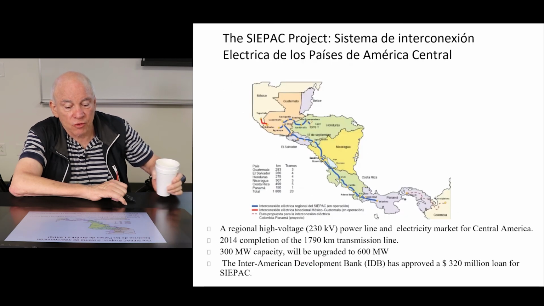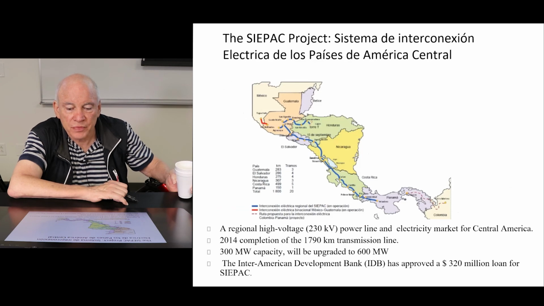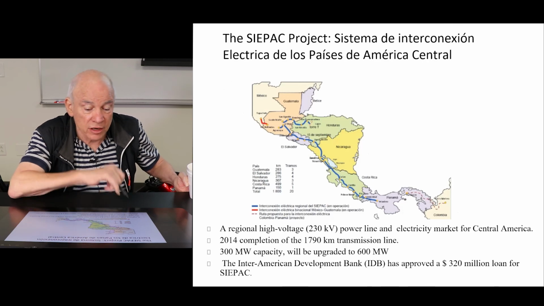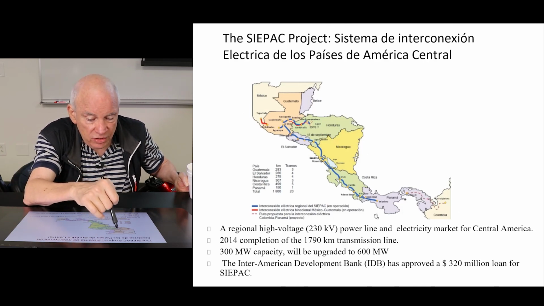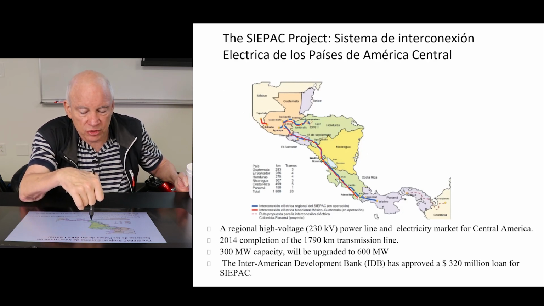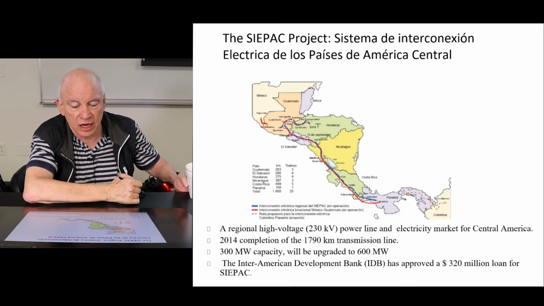All right, so one of the interesting things is this CPAC project. This is the system of interconnecting the electricity for the countries of Central America. I'm not even going to try to pronounce that. But basically, this is an electrical grid that's connecting these countries so that each country can have some confidence that there'll always be electricity there.